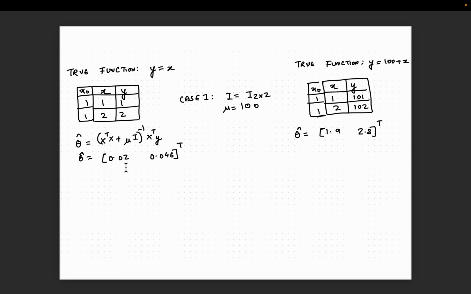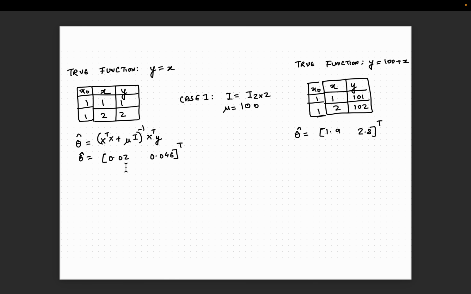X transpose theta is how you predict for an individual data point, if it is in vector form, or in this case it's just theta naught plus theta 1 into x, right? So, for x equal to 0, what is my prediction for the first set of parameters? So, 0.02 plus 0.046 into 0, which is 0.02.